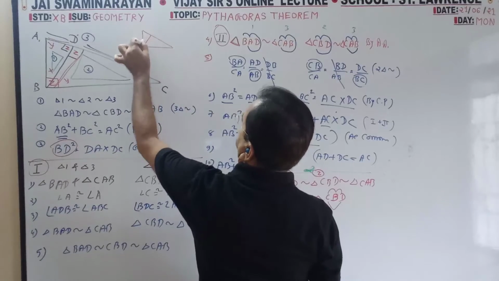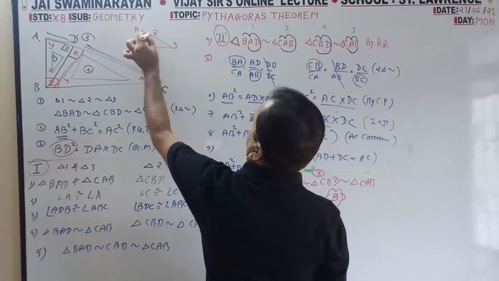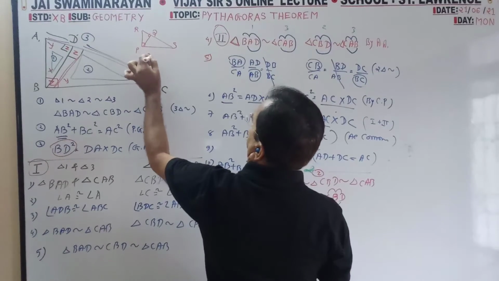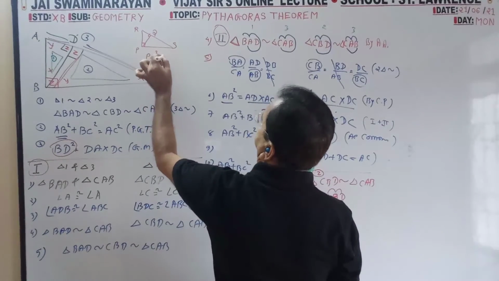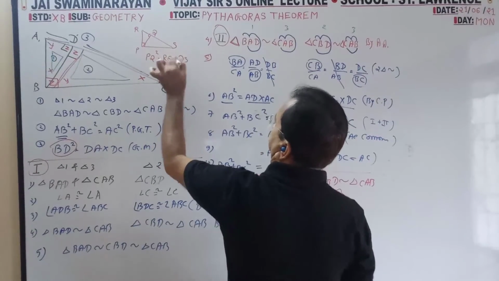For example, it is PQ square. So when it is perpendicular, PQ square equals RQ into QS.